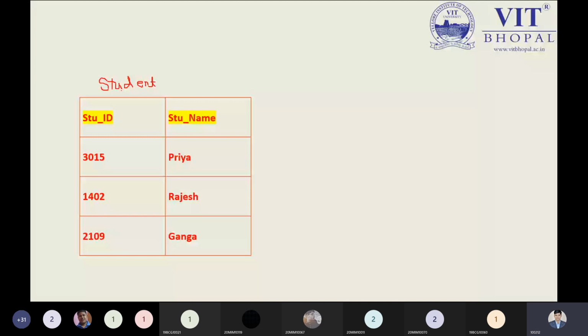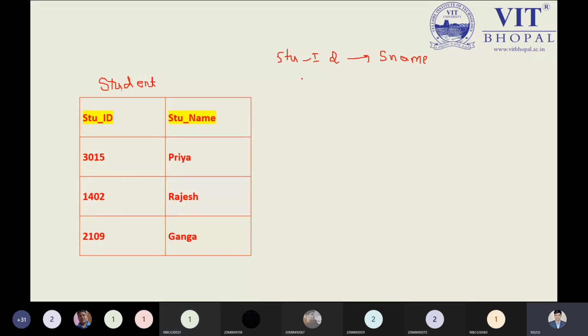Please tell me. If I'm writing student ID determinant to student name, so what is this? Is it trivial or not trivial? Non-trivial, sir. Okay, good.